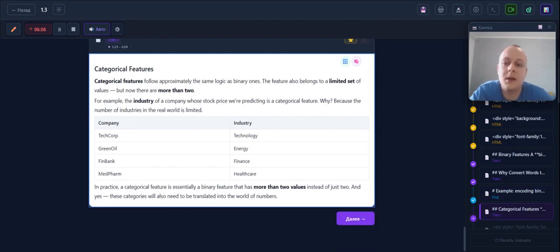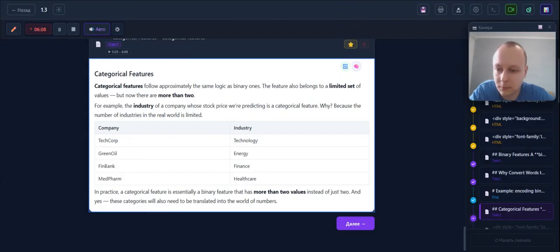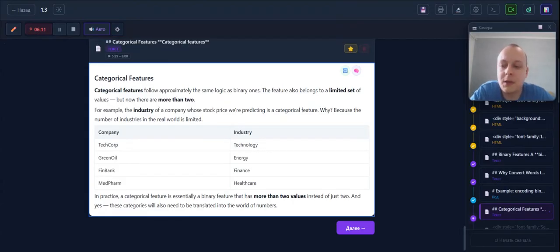The next important type of feature is categorical features, and they follow approximately the same logic as binary ones. They are similar because both of them have limited set of values, but now there are more than two. For example, industry of a company whose stock price we're predicting is a categorical feature.